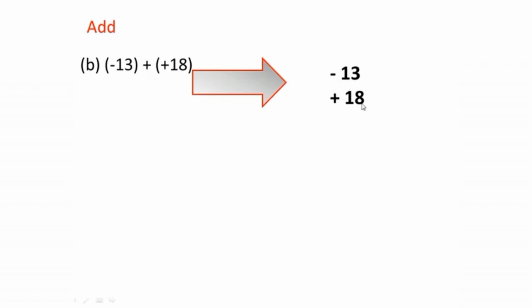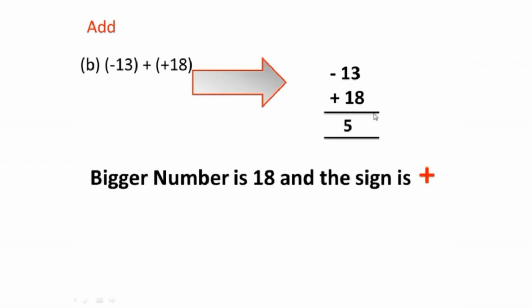But if you look at the operation with signs, minus 13 plus 18 is there. So what should we do? One is minus, another one is 18. Here the subtraction has to take place. Let's see what happens. Minus 13 plus 18, the value I am printing here is 5. Look here, 18 minus 13 and the value is 5.